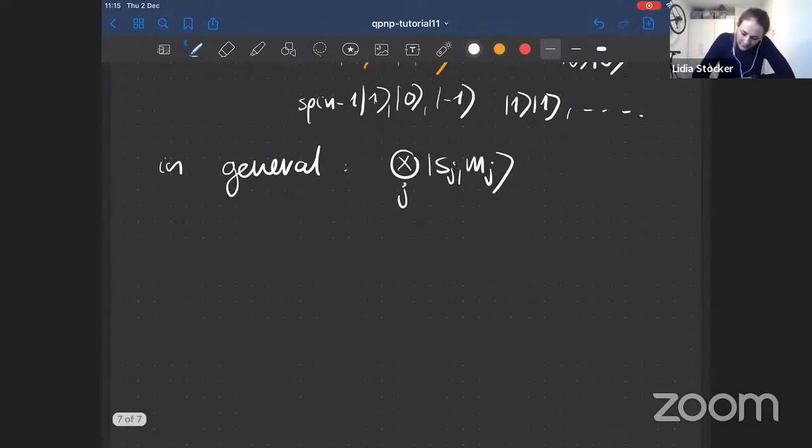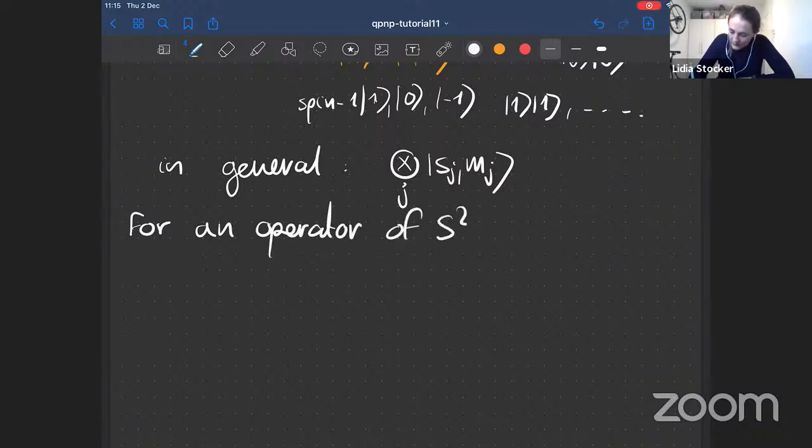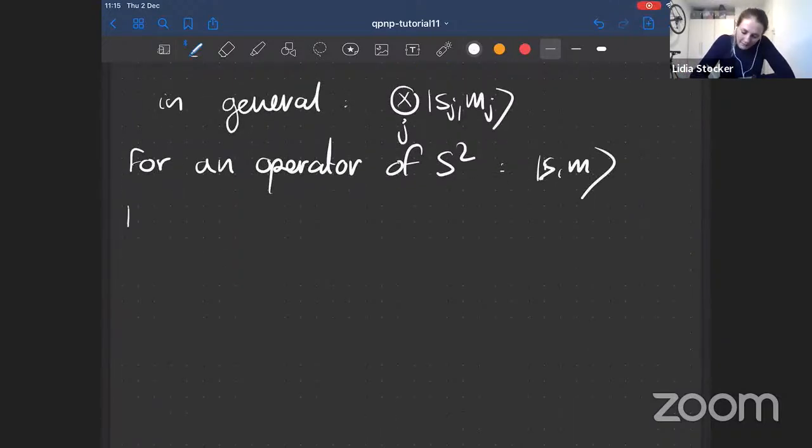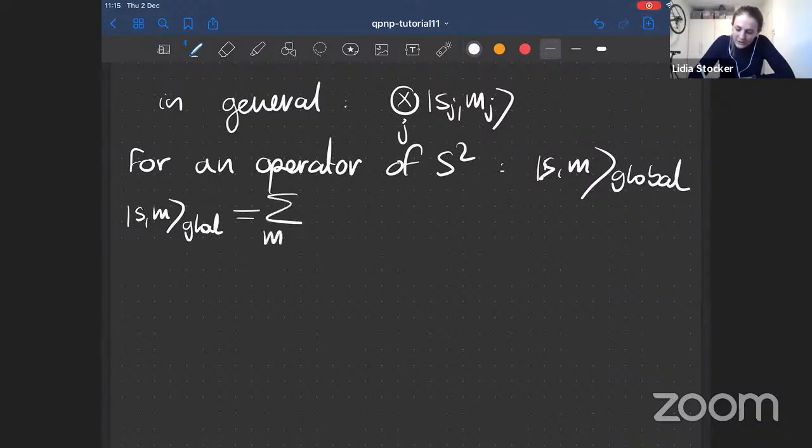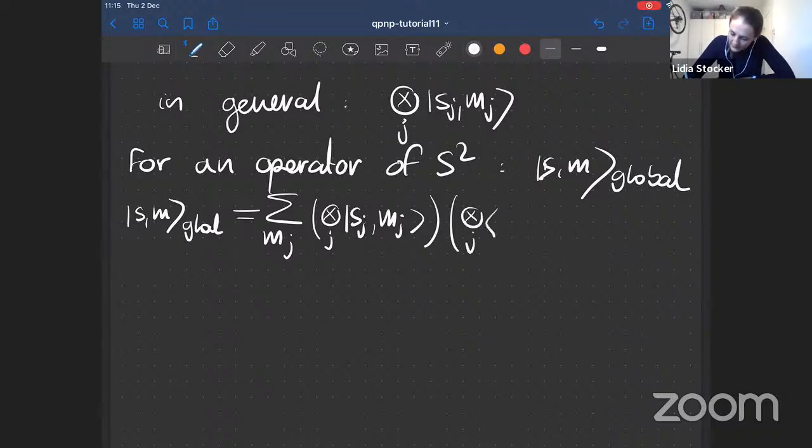Now, for an operator of S2, we define it as S M, so S M global. We can rewrite it in the product basis, which is the most intuitive one we know. It's the one we always use because there we know, okay, the first particle is in up, the second is in down, and so on. To rewrite it in this basis, we use the identity operator, and this you also saw in the lecture. But there is an exercise, the 1b, so that's why I'm showing it here.